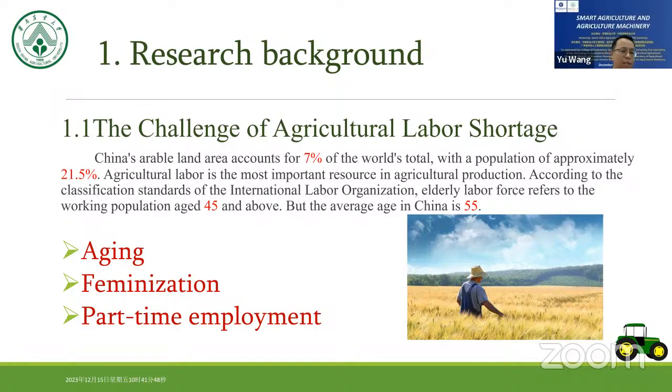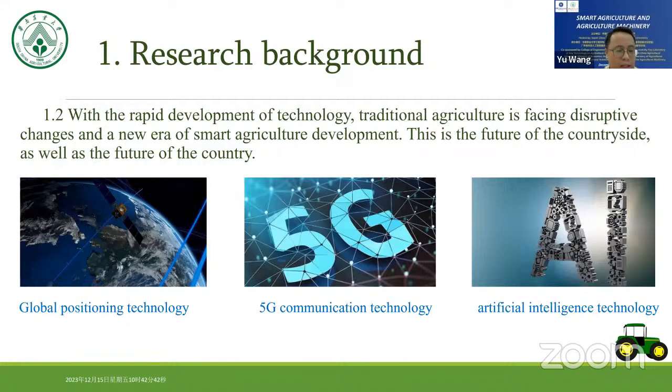How to face the challenge? We need to develop the technology. Traditionally, agriculture is facing challenges, and new smart agriculture is the development direction for the future of the countryside as well as the future of the country. The technology includes global precision positioning technology, such as GPS, which can enable smarter tractors to get real-time precise position, one of the foundational technologies for the unmanned farm.